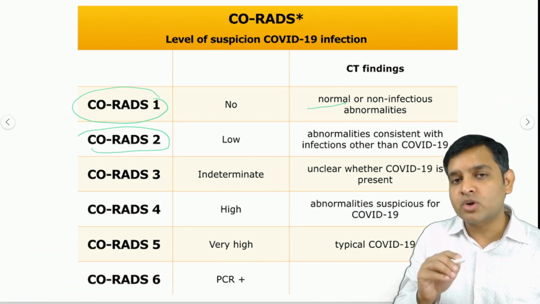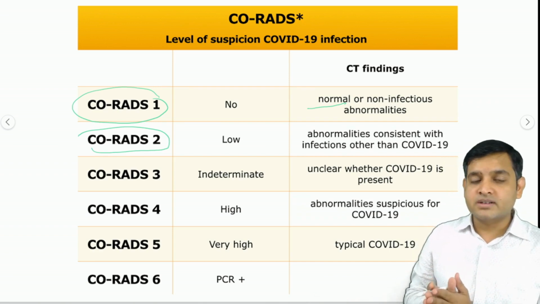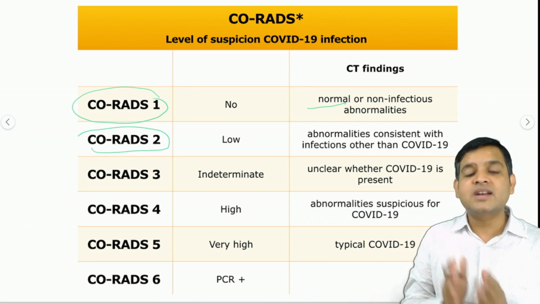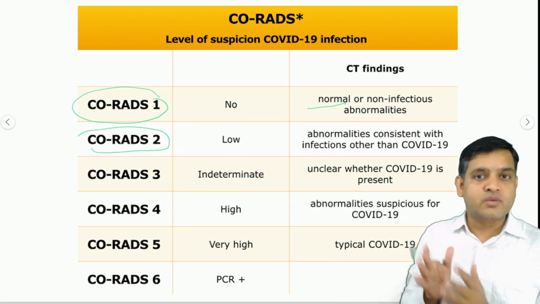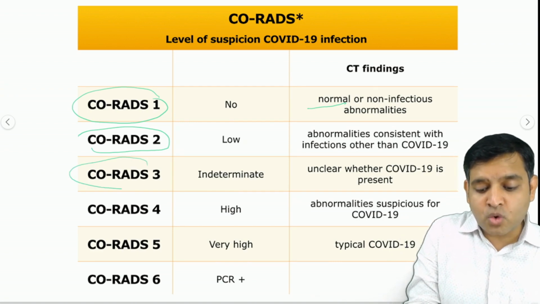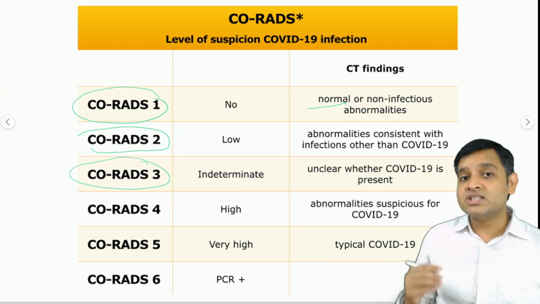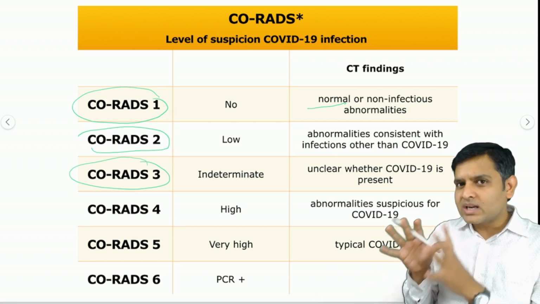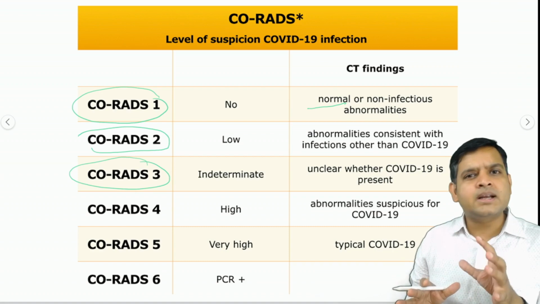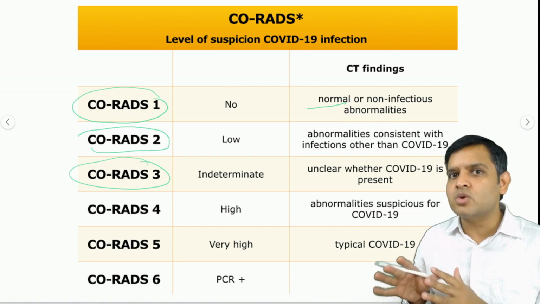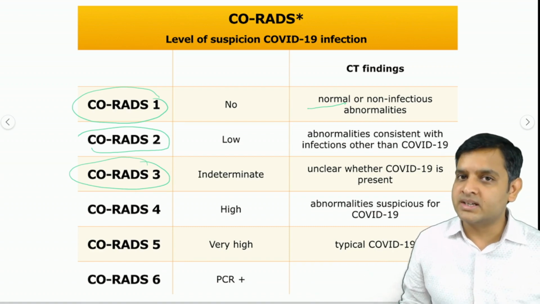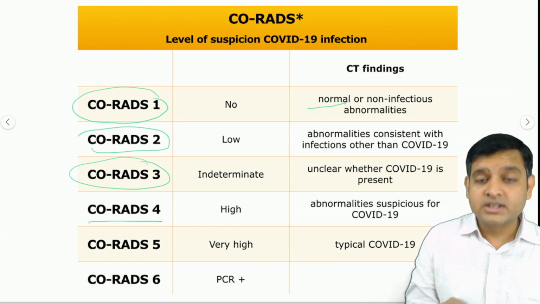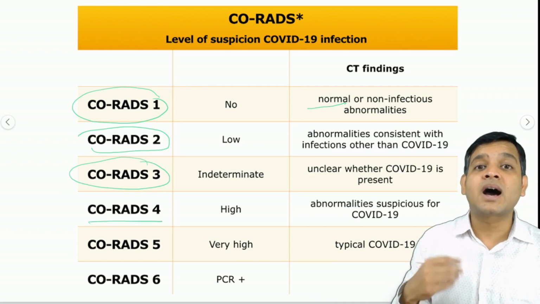Because you are seeing an abnormality which is pointing towards an infection other than COVID-19 infection. If it is CORAD 3, that means the chances of having COVID are indeterminate. That means you are seeing findings which might be seen in COVID or can be seen in other diseases. Whereas CORAD 4 suggests the chances are high.